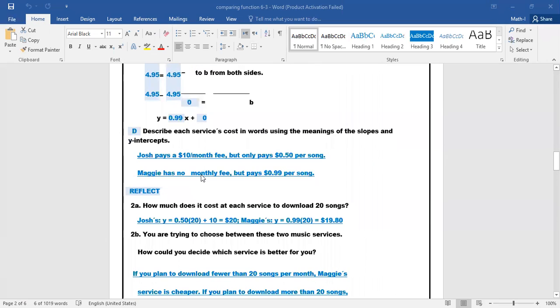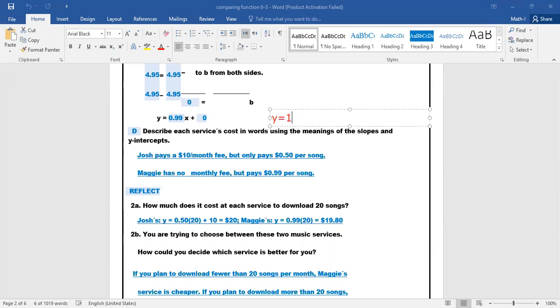The question said: describe each service cost in words using the meaning of the slopes and the y-intercept. Here in front of us, we have Maggie's equation, and we want to remember Josh's equation. Y equals what?